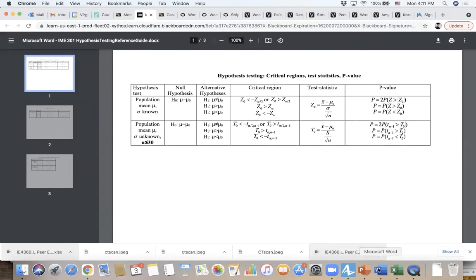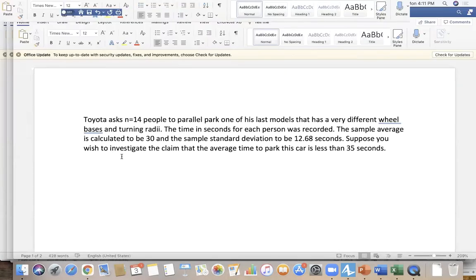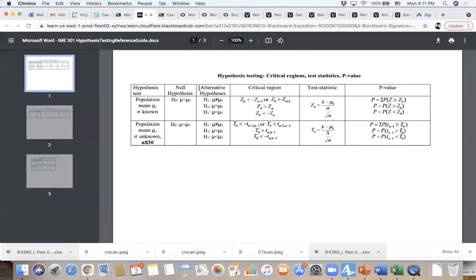What I want to do is to go over this problem I have put here. So just read the problem, finding out what the problem wants, what is given to us, and what is the right formulation to pick here to solve the problem.